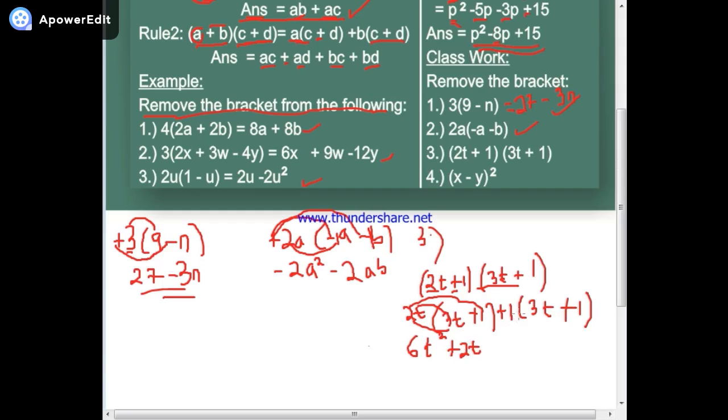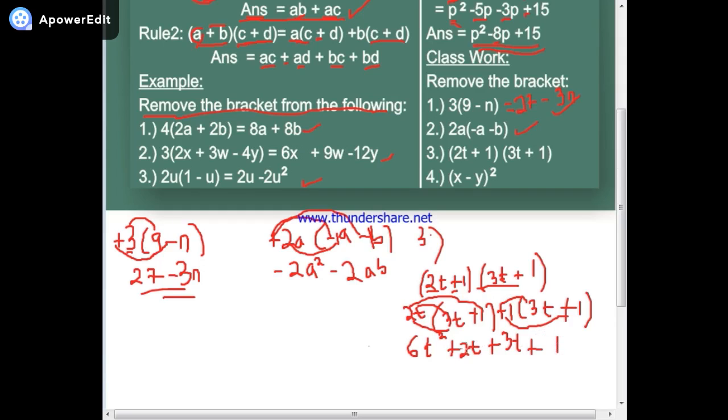Now, the next one is to use this one outside again to open the one inside. That is plus times plus, that is plus. And 1 times 3, that is 3. And again, you join the t to it. And use this plus 1 to open this one too. That is plus times plus again, that is plus. And 1 times 1 will give you 1.